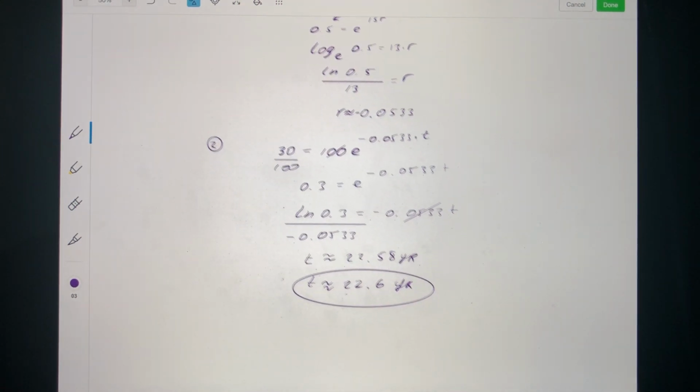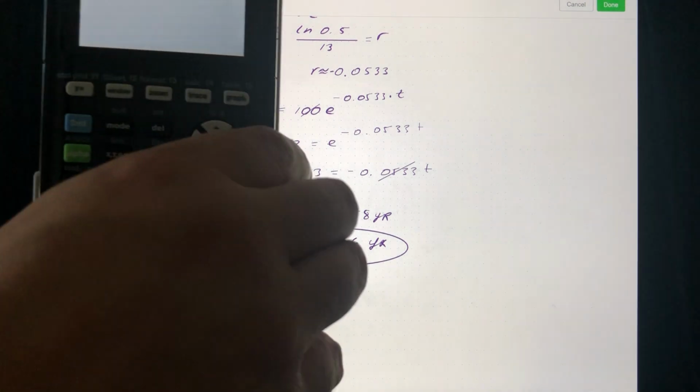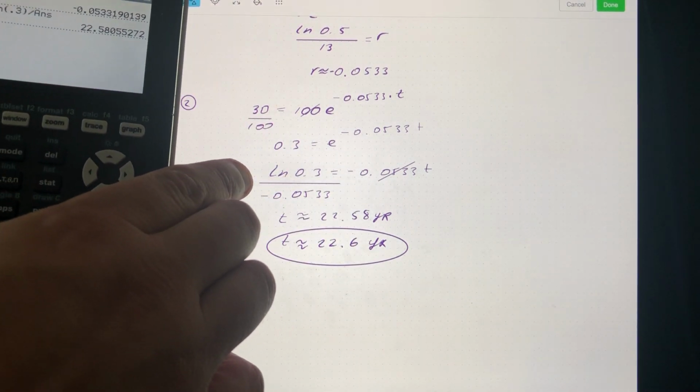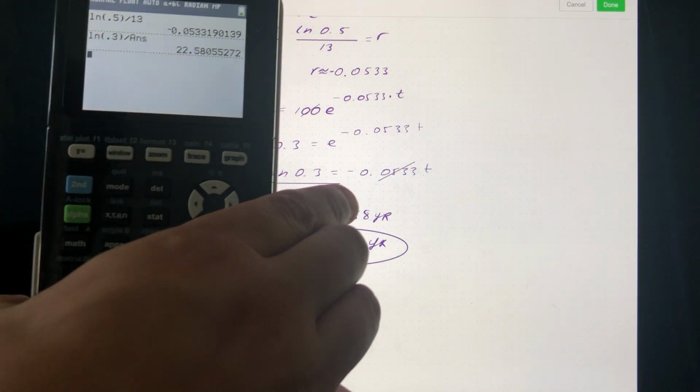Now, the reason we keep 5 decimal places as opposed to, let's say, 2 or 3 when we deal with exponentials is because exponents are very sensitive. So if we don't have enough digits, the answers could be very different. So just for illustration, let's type in this last part, ln of 0.3, but now we're only going to round it to 2 decimal places.